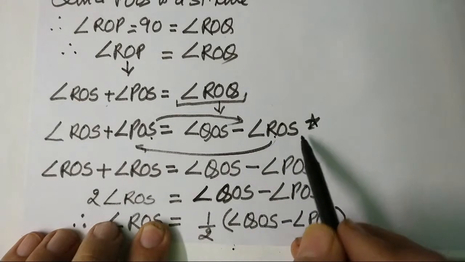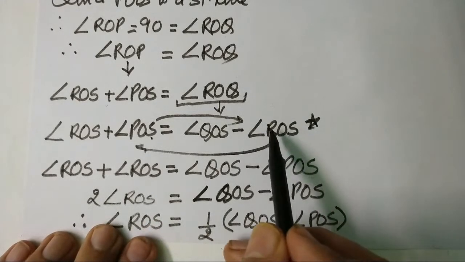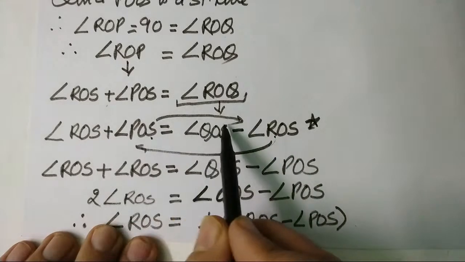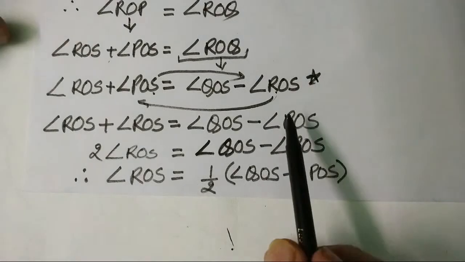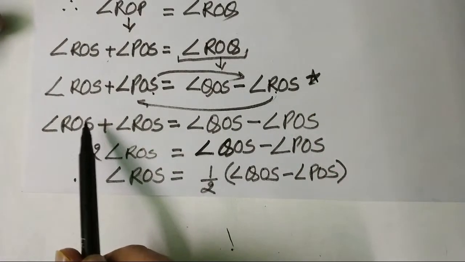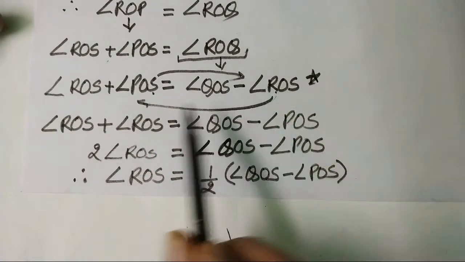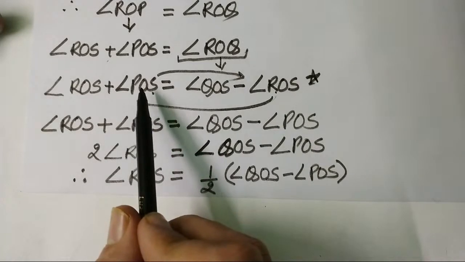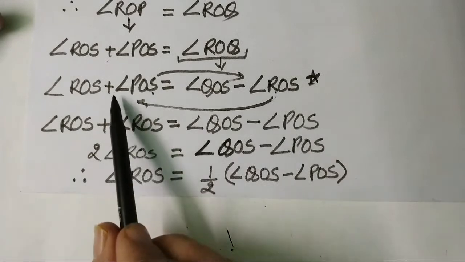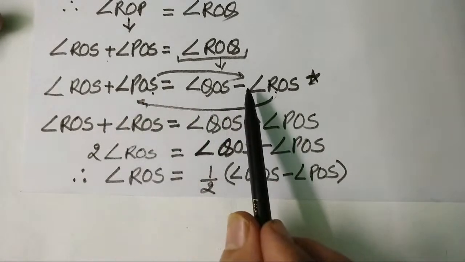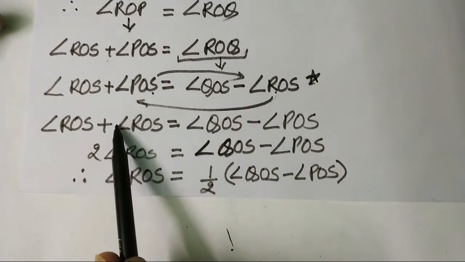Now after that, another important step is that you bring this here and bring this side here. When you bring ROS to the left side, it will become ROS plus ROS, minus will become plus, and this POS will come to this side. So this will become minus because this side was plus, and this minus when comes here it will become plus.